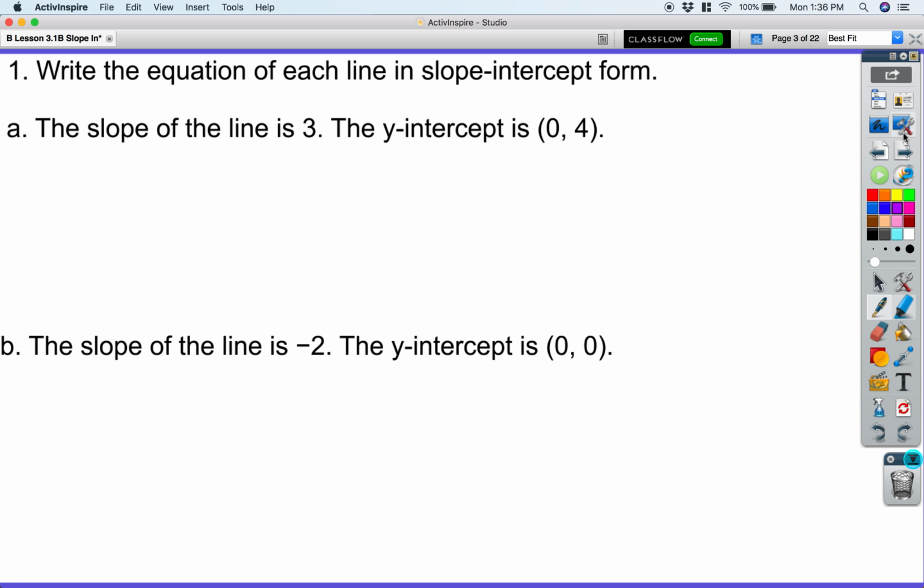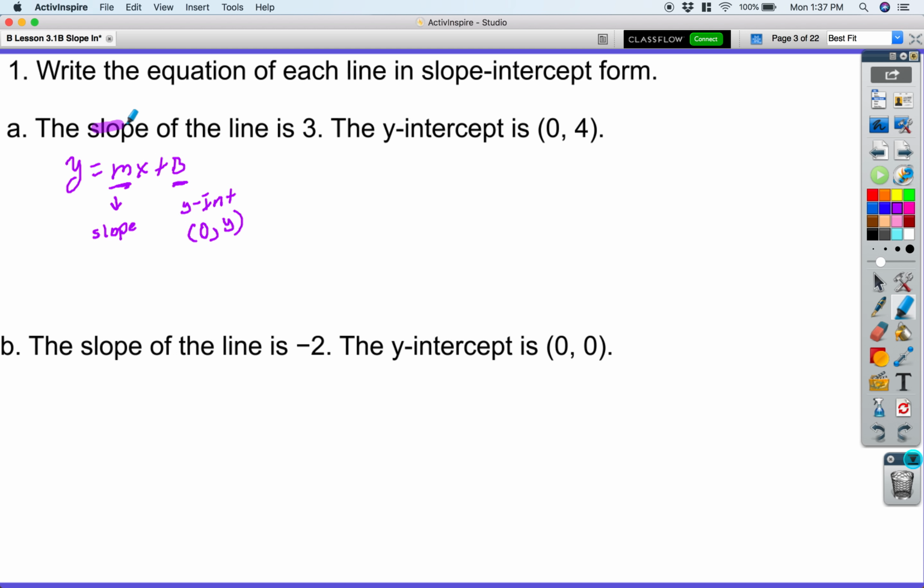All right, so now it says write an equation of each line in slope-intercept form. Remember, guys, we're writing these in y equals mx plus b, and I'm trying to find my slope and my y-intercept. Those are the two things we're plugging in. As a quick reminder, whenever you have an x value of 0, this y value is your y-intercept. So let's go and look at this.